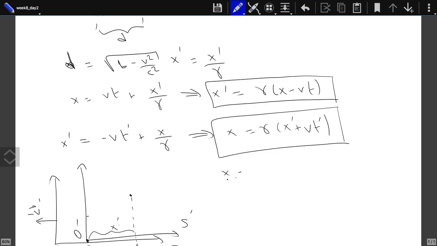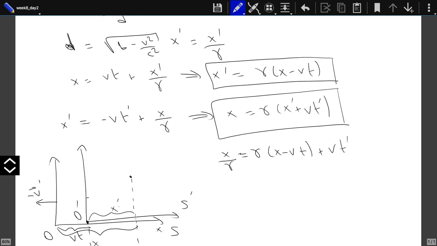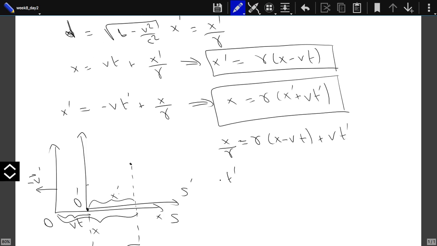So you get x over gamma is equal to x prime, which is gamma times (x minus vt), plus vt prime. t prime would be just 1 over v times (x over gamma minus gamma x plus gamma vt).